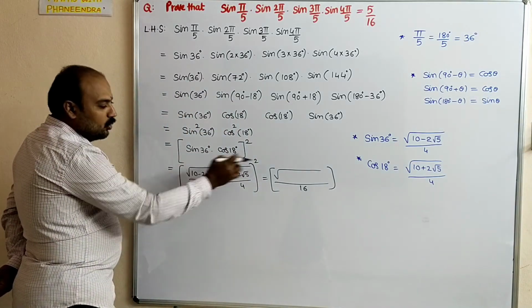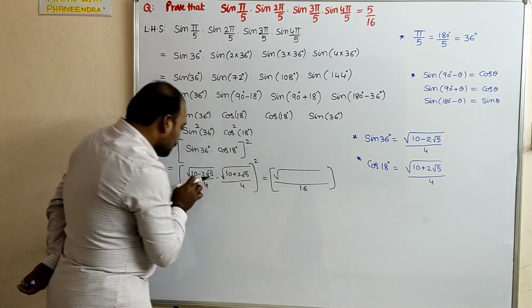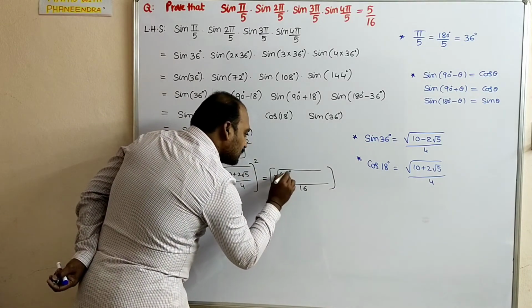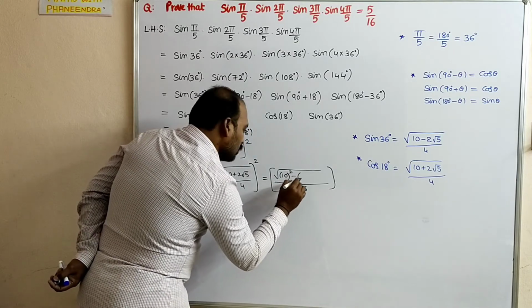Root a into root b is root ab. In that, 10 minus 2 root 5 into 10 plus 2 root 5 is 10 square minus 2 root 5 whole square.